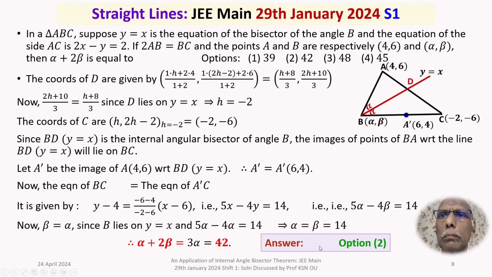It is a very interesting question, which uses a very important theorem called the Internal Angle Bisector Theorem. And this question comes out to be an application of this theorem. And this theorem is very rarely used in the JEE examinations.